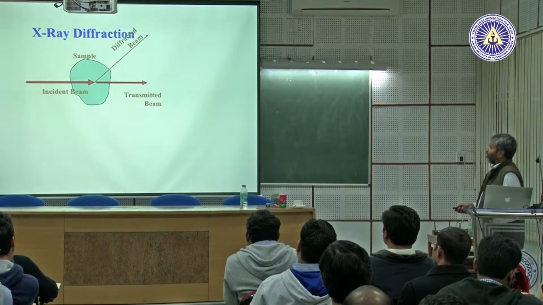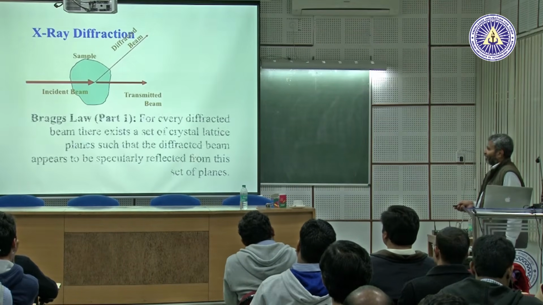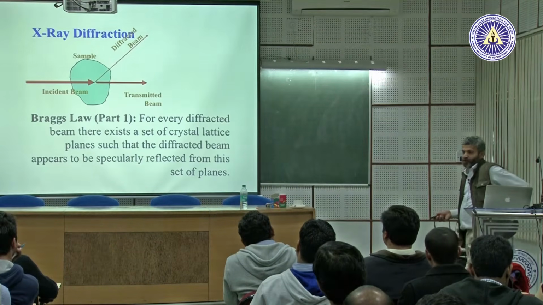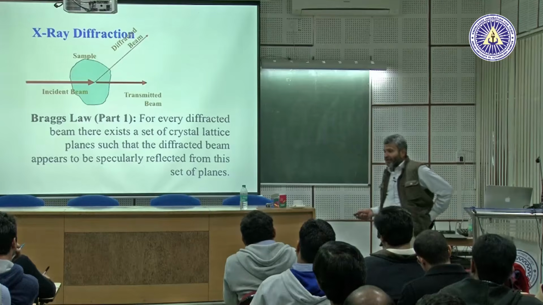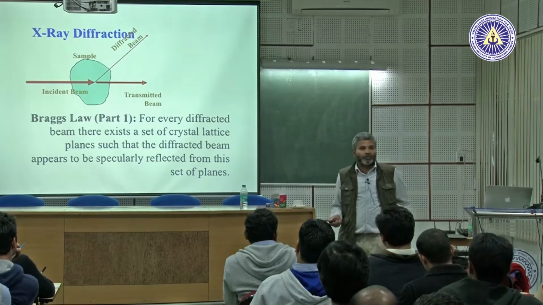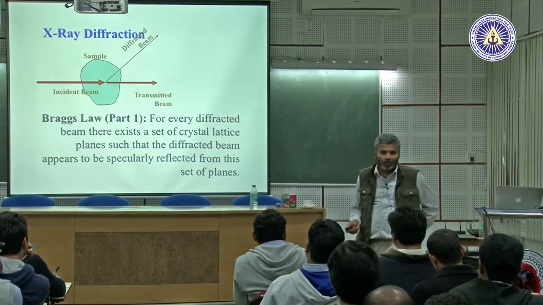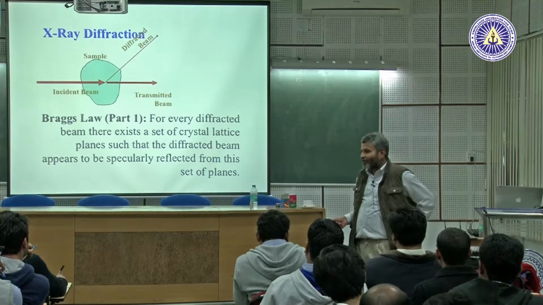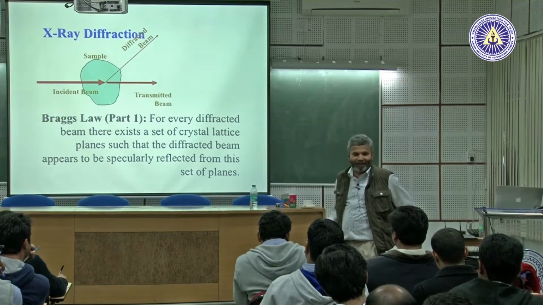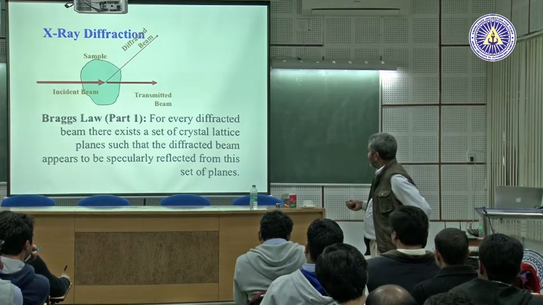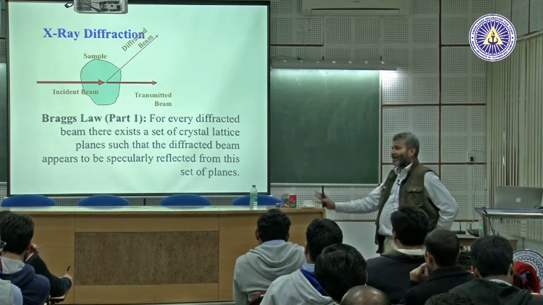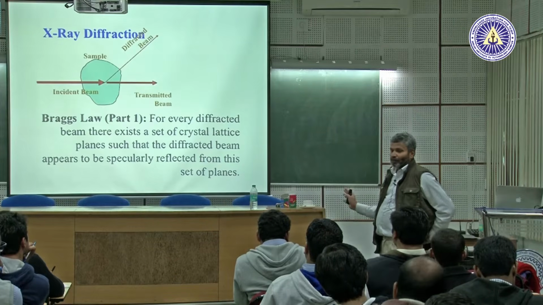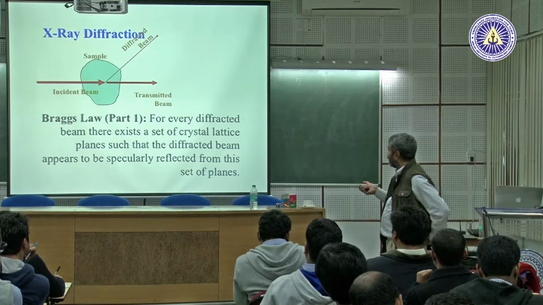So, what did Bragg say and what is the real Bragg's law? Ask any student, Bragg's law is lambda equals 2d sin theta. No, that is trivial. That is not what got the Nobel Prize for Bragg. The Nobel Prize part of Bragg's law is usually hidden in the textbooks. They do not say that this is more important.